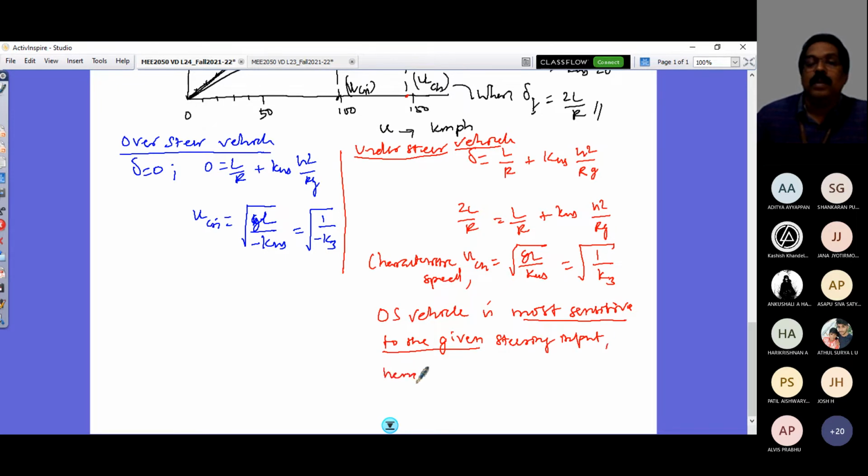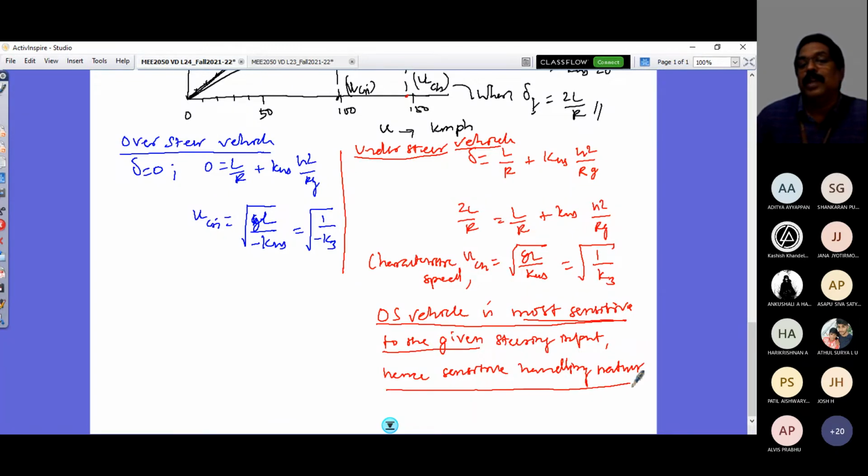So an oversteered vehicle is most sensitive to the given steering input. Hence, it is called the sensitive handling nature of the vehicle or behavior of the vehicle.